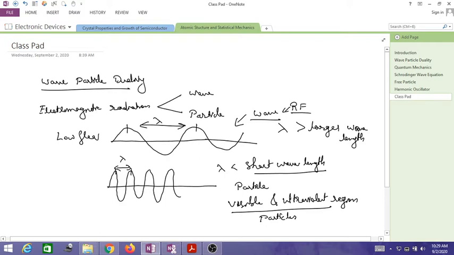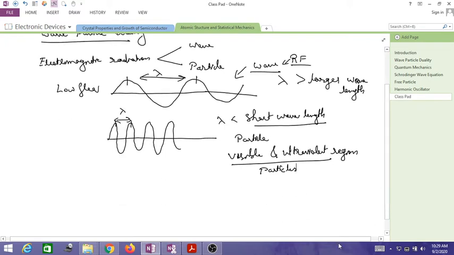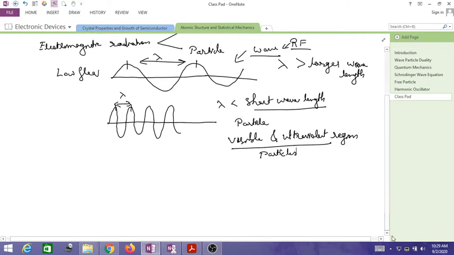These particles have a certain energy. When we call this a particle, these are nothing but photons, which have a certain energy.